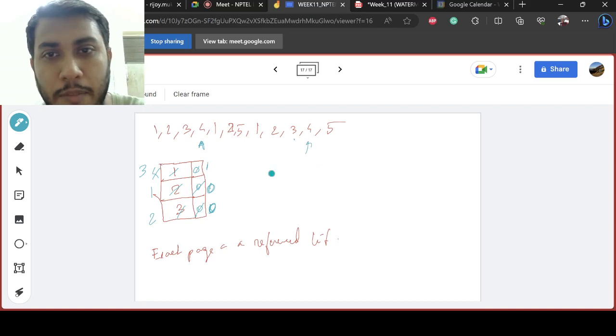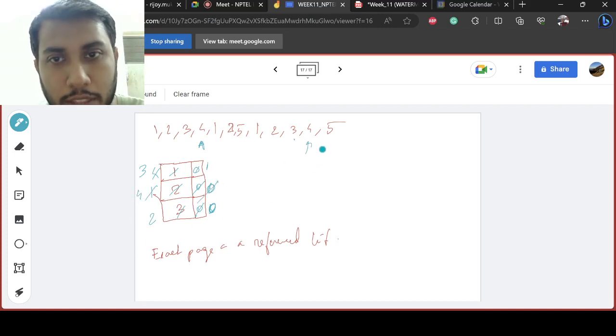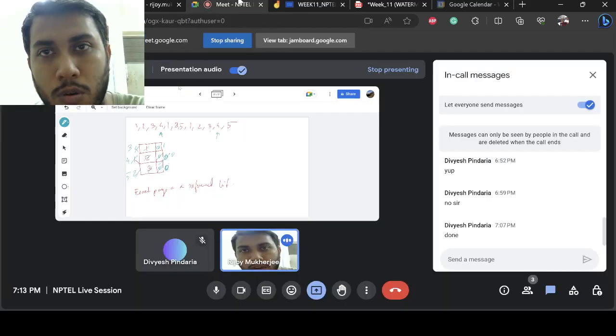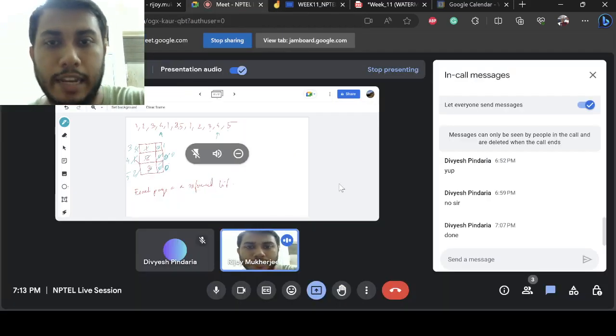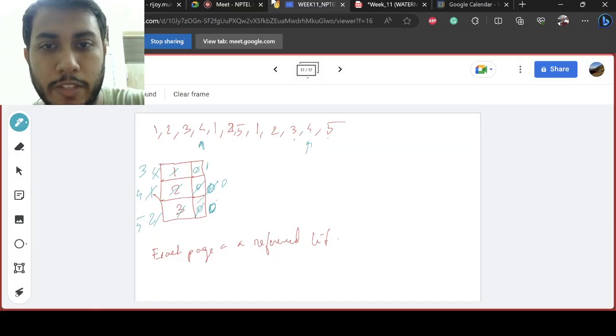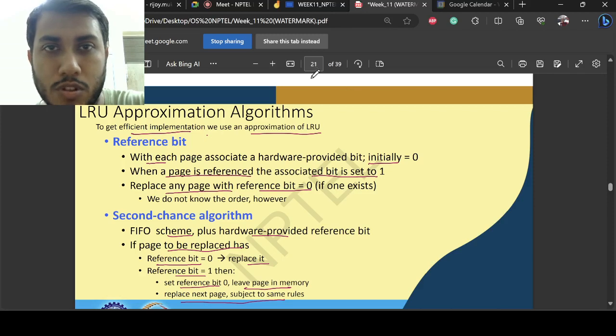Then when the next 4 comes, it will evict 1, and make it 0. And then 5 comes, it will evict this one and it's 5. So that is how this cycle happens. Okay, so this is another way of doing the least recently used algorithm.